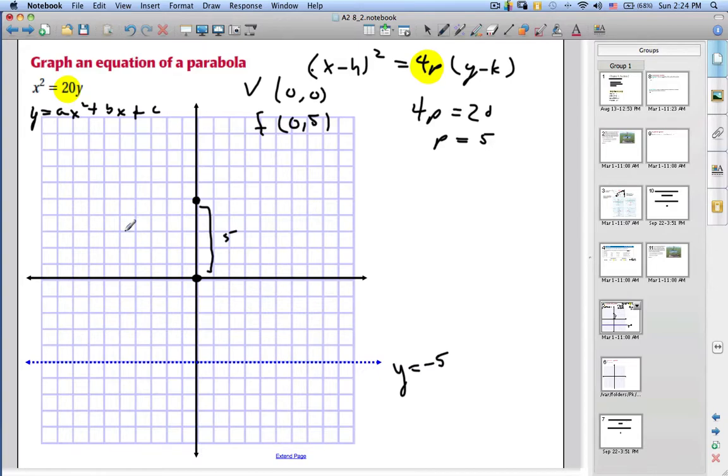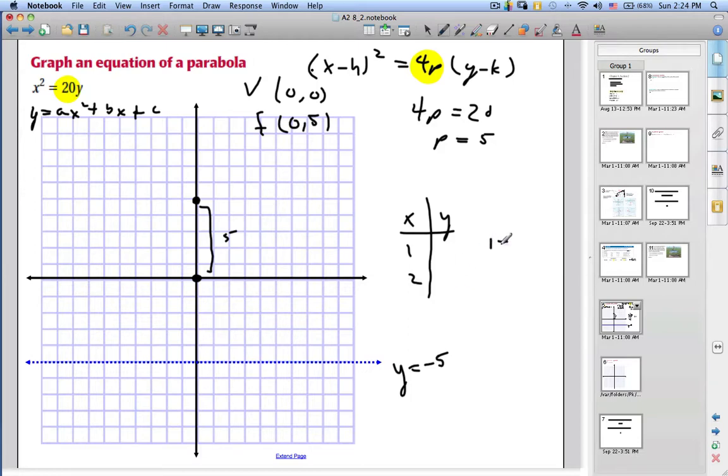Okay, and now if I want to put in some more points, I know my parabola comes through here. It goes around the focus and passes through the vertex. If I want to get some points, I'm going to want to pick x and y. Now, if I picked values of y, which we don't normally do, I would have to then square root to find x. It's easier to find values of x. I'm going to pick 1 and 2.